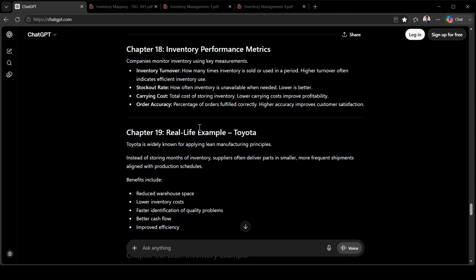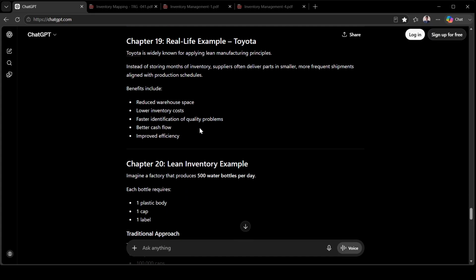A real life example, Toyota. Toyota is widely known for applying lean manufacturing principles. Instead of storing months of inventory, suppliers deliver parts in small and more frequent shipments aligned with the production schedule.